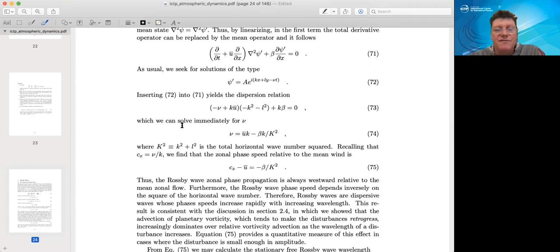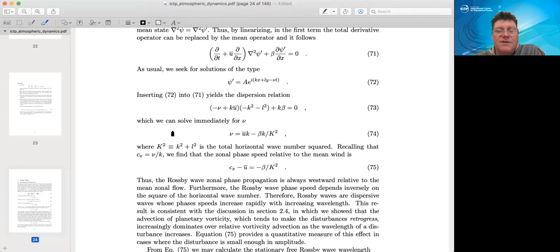This can be solved for the frequency nu. So nu would be equal to u bar k minus beta times k over K square, where K square is now the square of the total wave number.